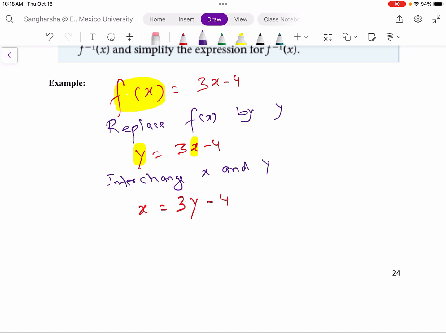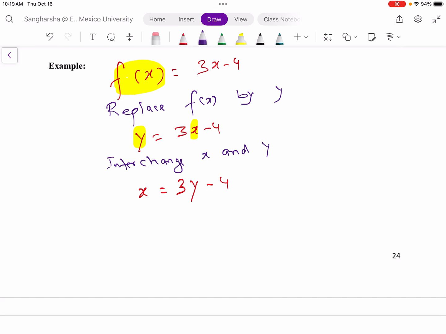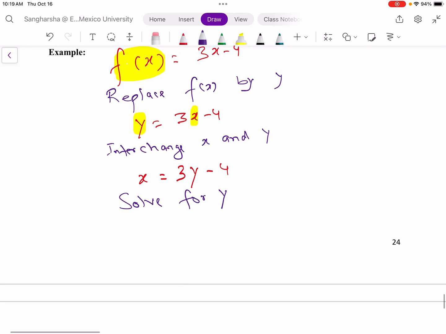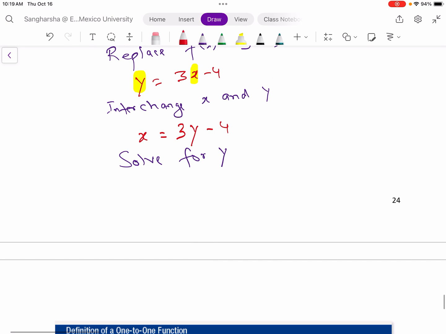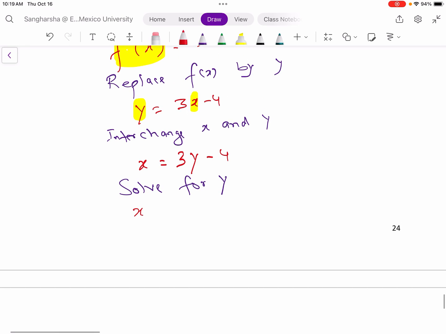Third step, now we solve this equation for y. Solving for y means we have to get y by itself on one side. So we have x equals 3y minus 4. We need to get rid of negative 4 and we need to get rid of 3.